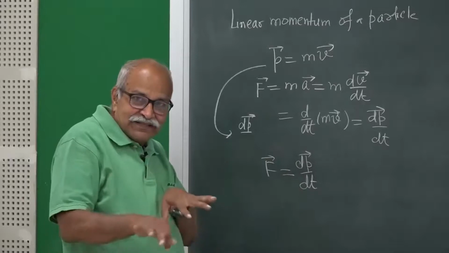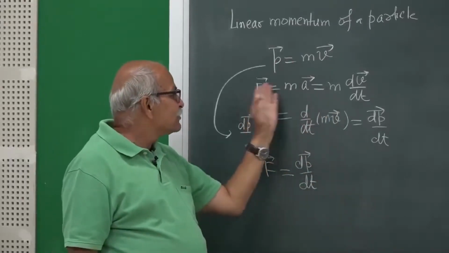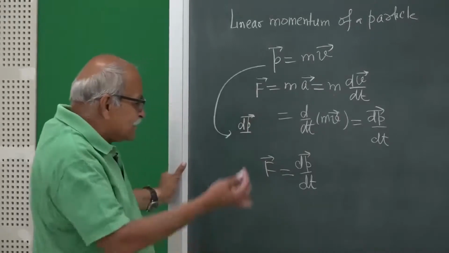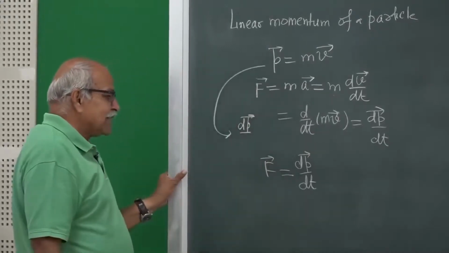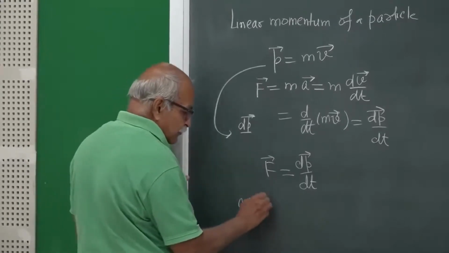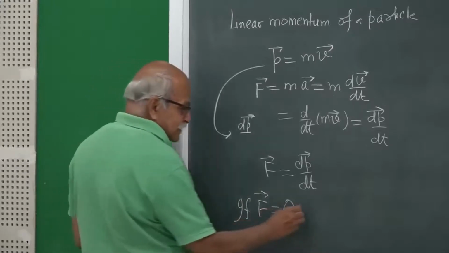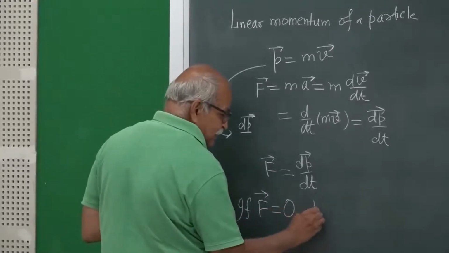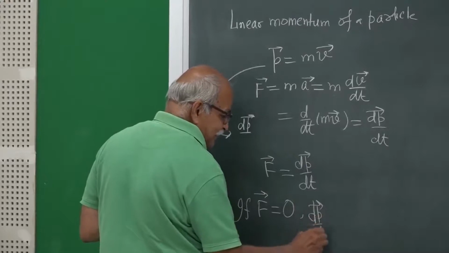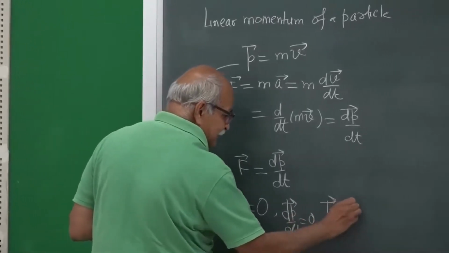That is how Newton started, and then from here we go to this F equal to ma. So, this is about force and p, and if this force is 0, force on the particle is 0, dp dt is 0, and that means p is constant, linear momentum is constant.